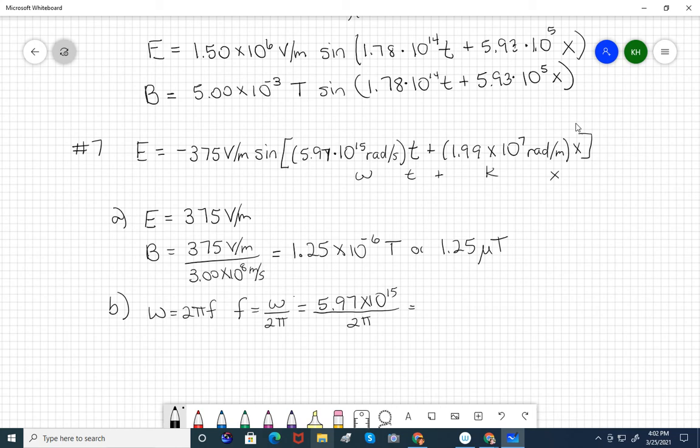Now when you divide by 2 pi, make sure you put parentheses around that 2 pi, or whatever you need to do to be sure you're dividing by 2 and by pi. It comes out to be 9.50 times 10 to the 14th hertz.